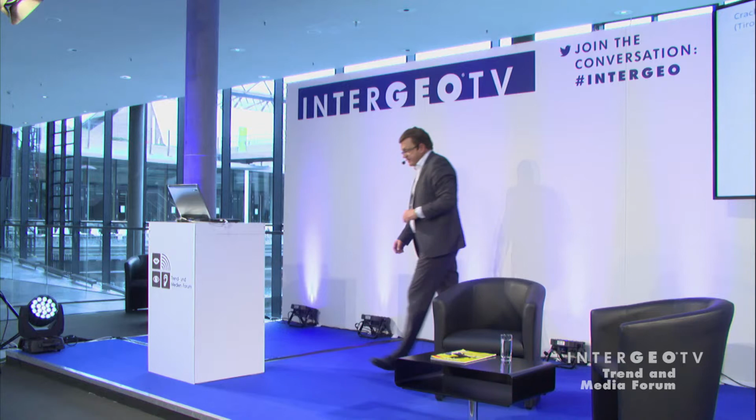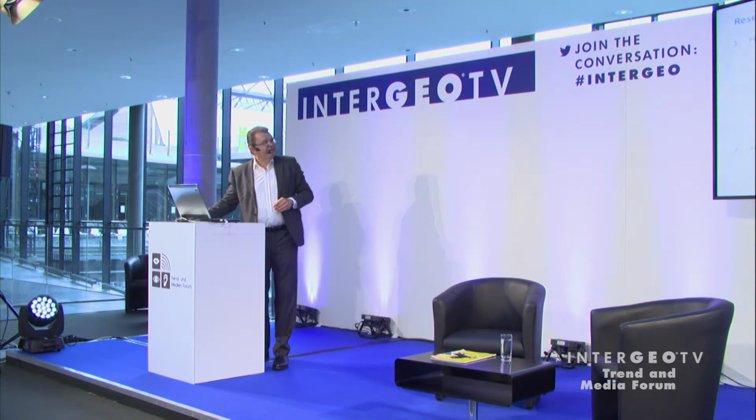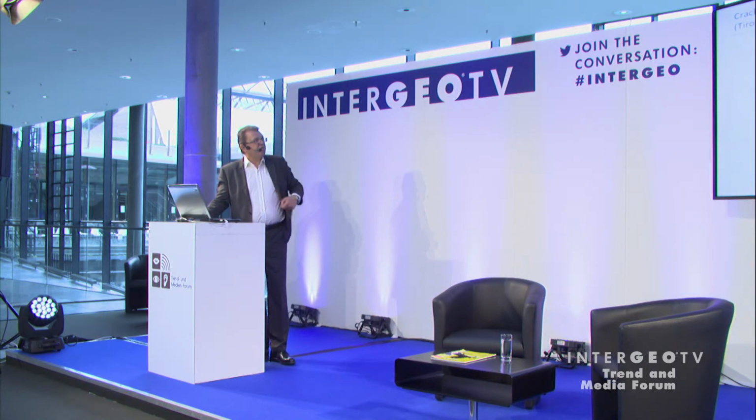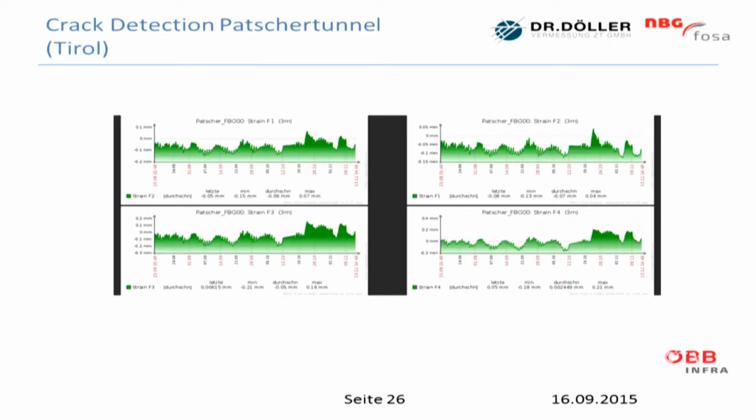We are talking about 0.5, 0 to 0.1 millimeter in the short time and in the long time period. The alarm limit is 1 millimeter. We didn't exceed this in the last 1.5 years.